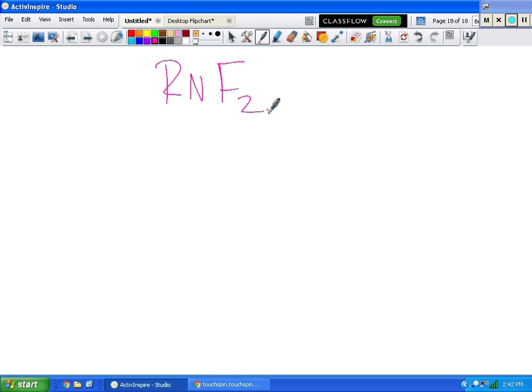Now, what group is radon in? 18. I'm doing this to mess you up because since this is in group 18, the very next one will be Ra, and you've got to make sure that you catch the differences. Because you told me that it's a noble gas, so that means it's a non-metal, correct? Okay. What is F? It's a non-metal. So what type of bond are we working with? This is covalent. Very good. So since we're working with covalent, what must be present?